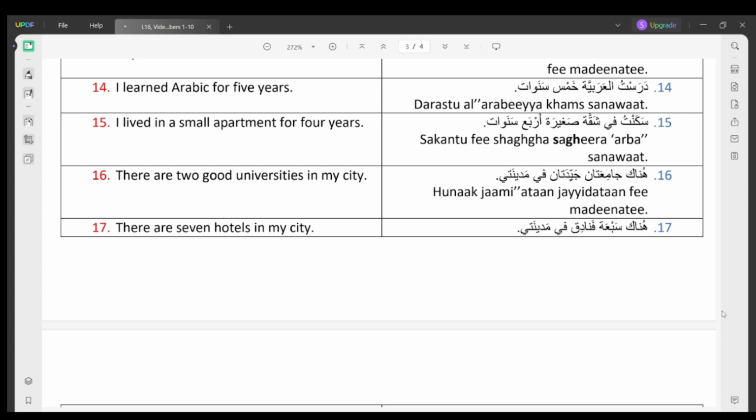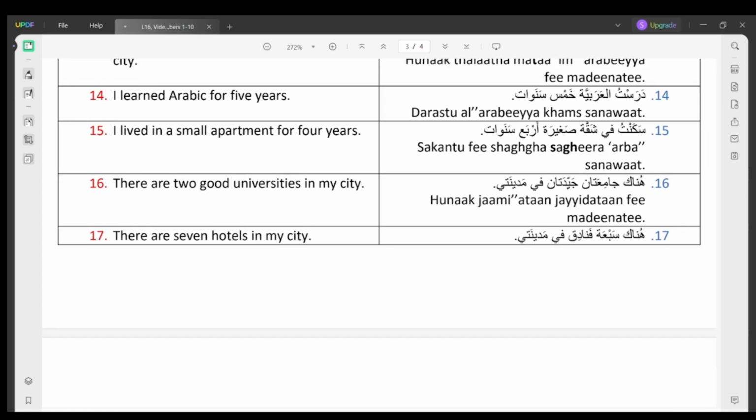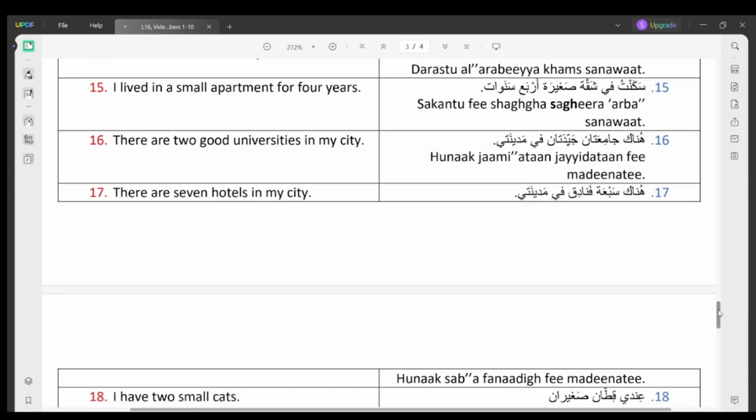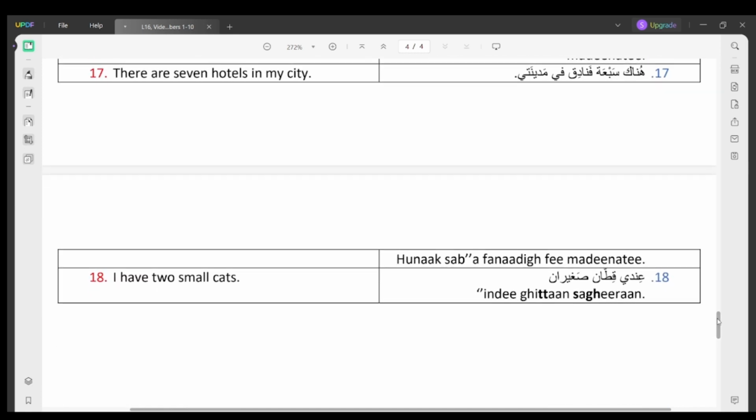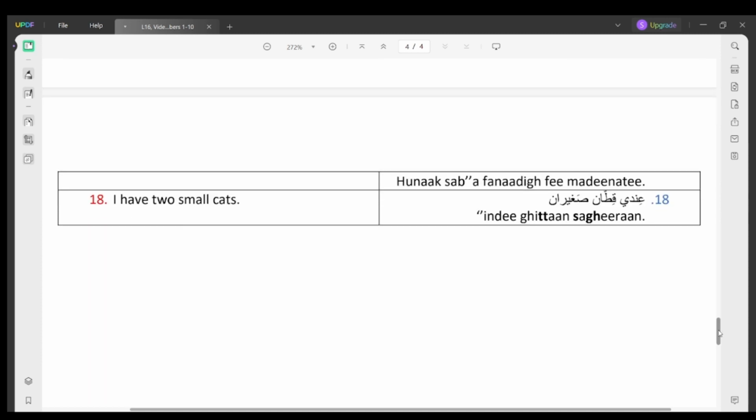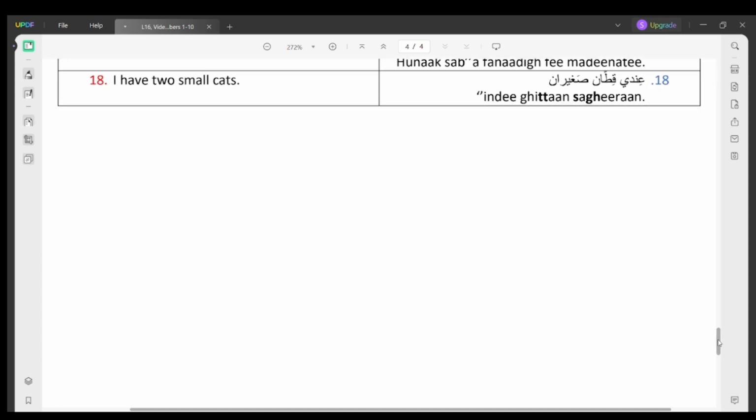There are 2 good universities in my city. هناك جامعتان جيدتان في مدينتي. Number 17. There are 7 hotels in my city. هناك 7 فنادق في مدينتي. And number 18. I have 2 small cats. عندي قطان صغيران. That's it for today's lesson.